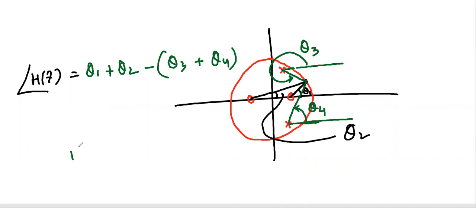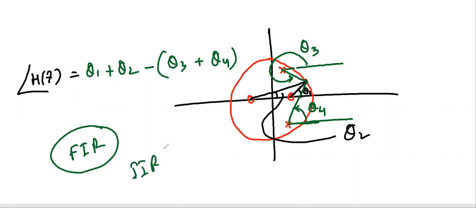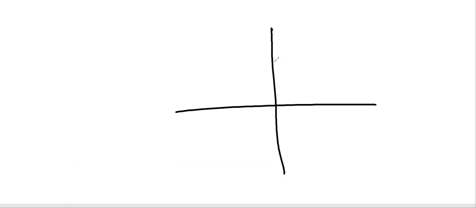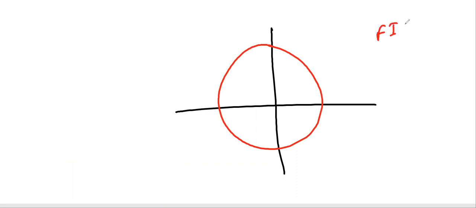Because as you know, in case of FIR type filter, the phase is linear. In case of IIR type, the phase is non-linear. With a very simple example, we can show it here. In case of, let's say, an FIR type filter, you don't have any feedback.